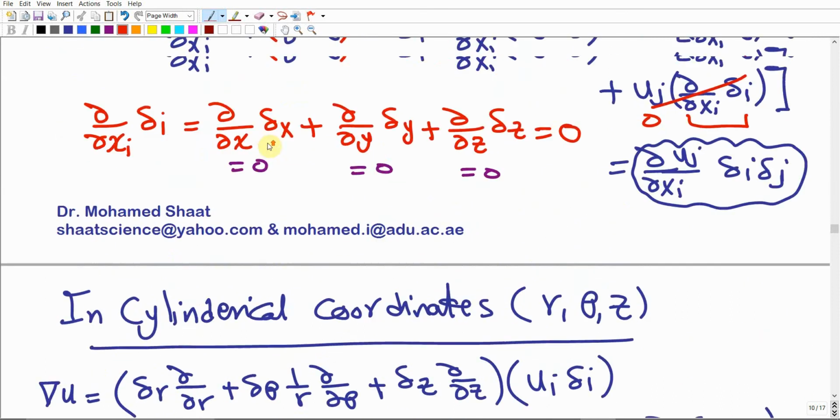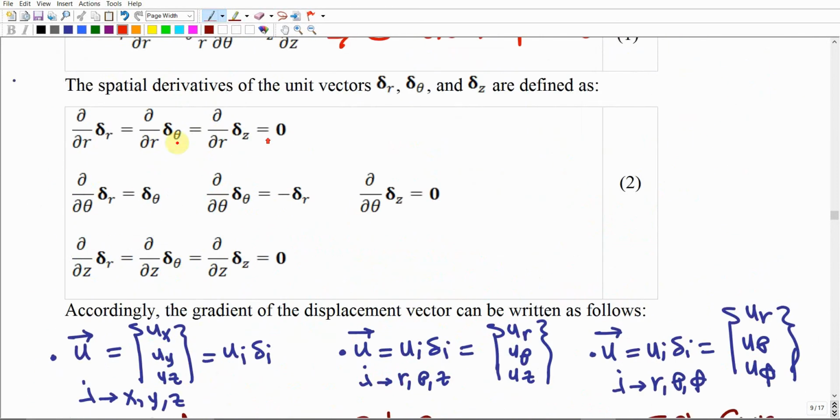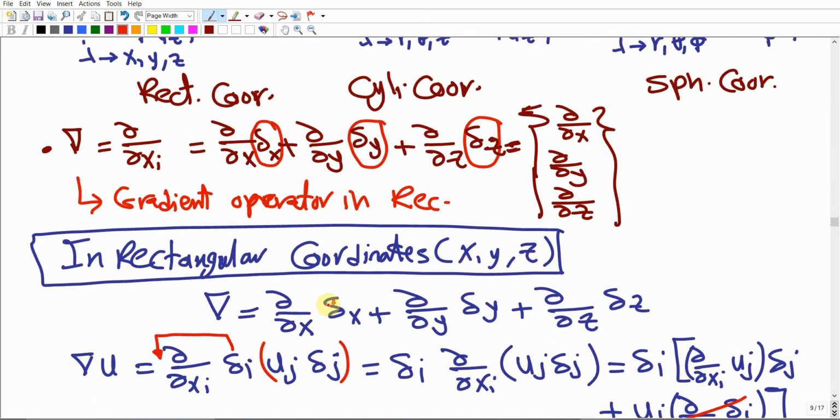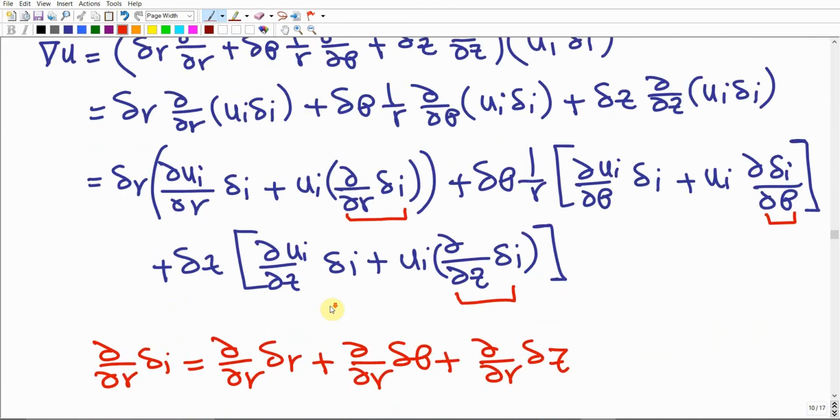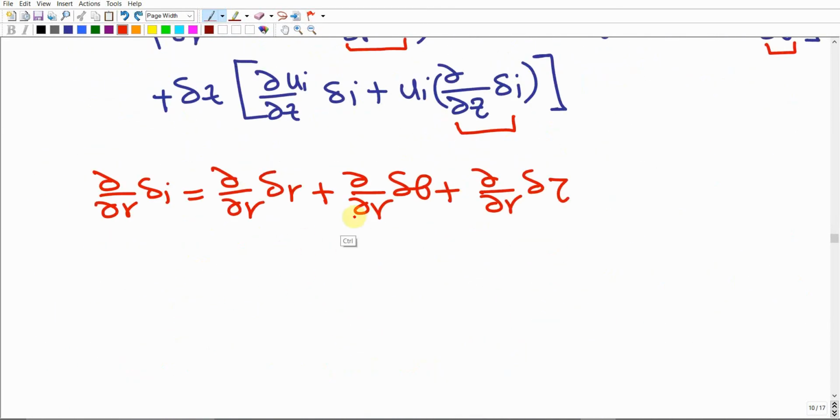And referring to this equation here, the partial derivatives of δr, δθ, δz with respect to r, all of them are zeros.